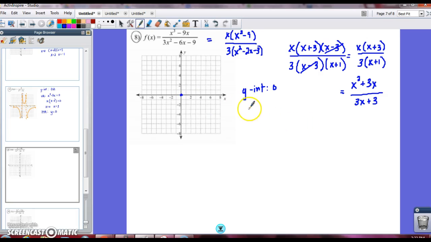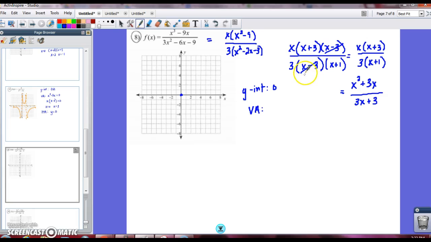Let's talk about our vertical asymptotes. Now, in our original function, we would have had two, at 3 and negative 1. But because we canceled those out, we now have a hole at 3, because in the original function it would have been undefined.